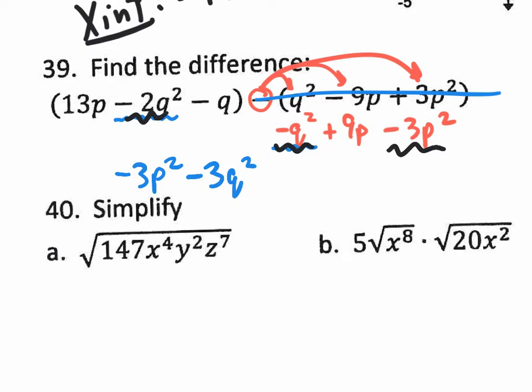We have p's and q's left. So let's start with the p's, alphabetical order. P is before q. So when I go 13p combined with 9 more p's, how much do I get? 22 p's. And at the very end, we're just going to slap on this missing value of minus q, and we're done. That is your answer.